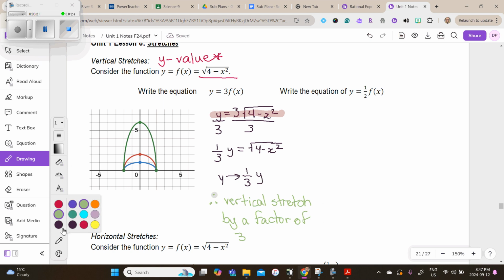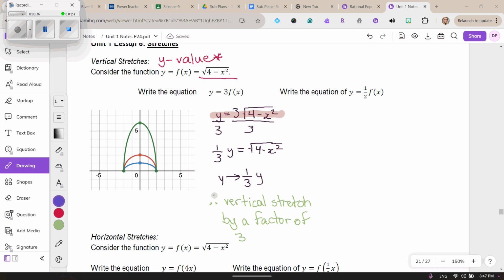Let's go ahead. I think that we can recognize now that the next graph is going to be the blue one. But let's go ahead and write it out. So writing it out, we now have y equals 1/2 times our function.